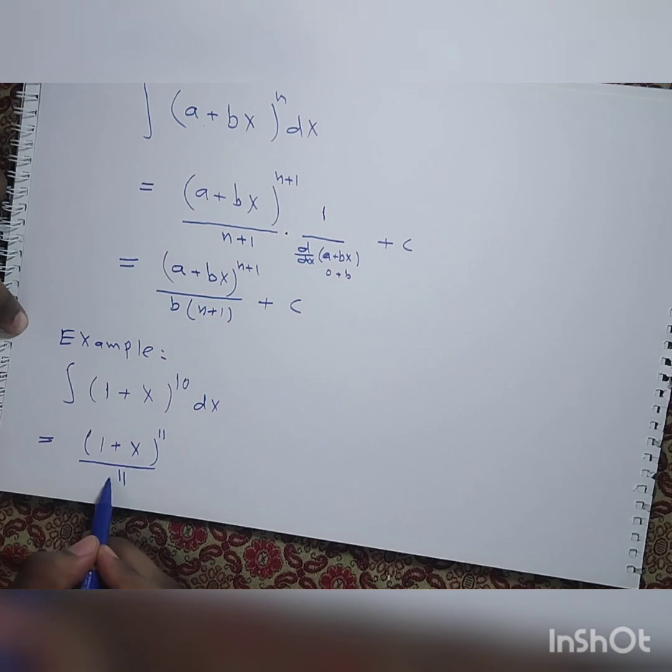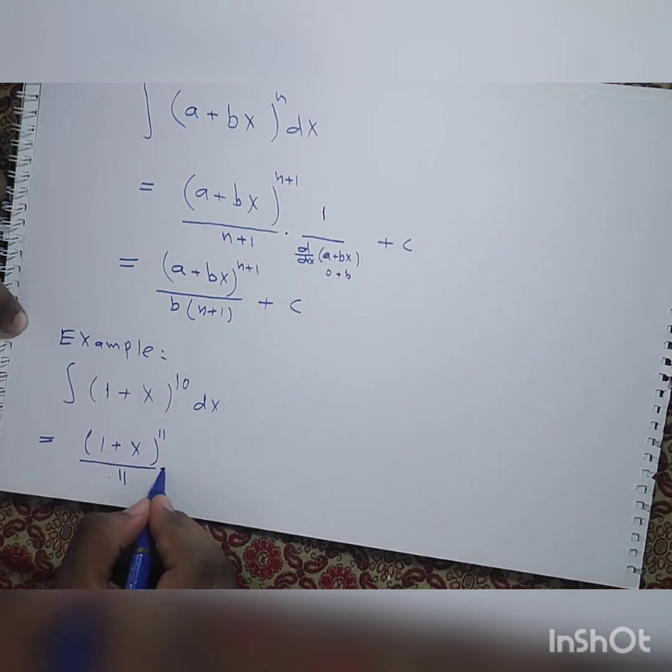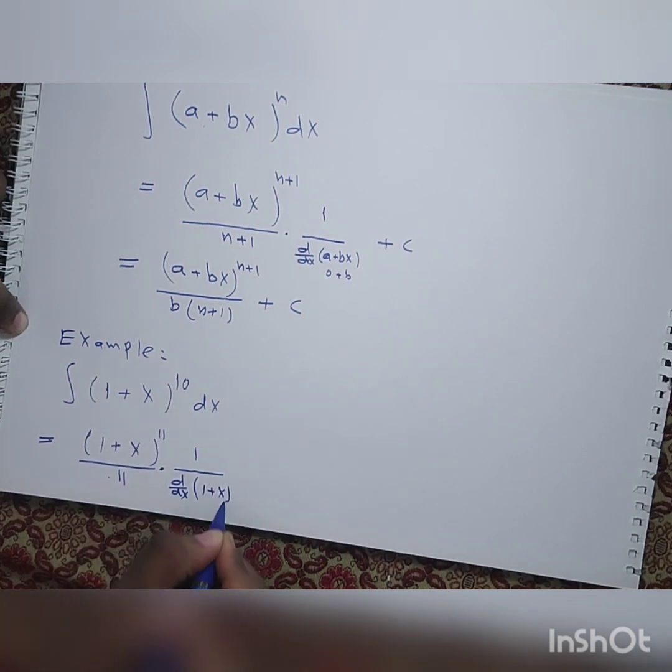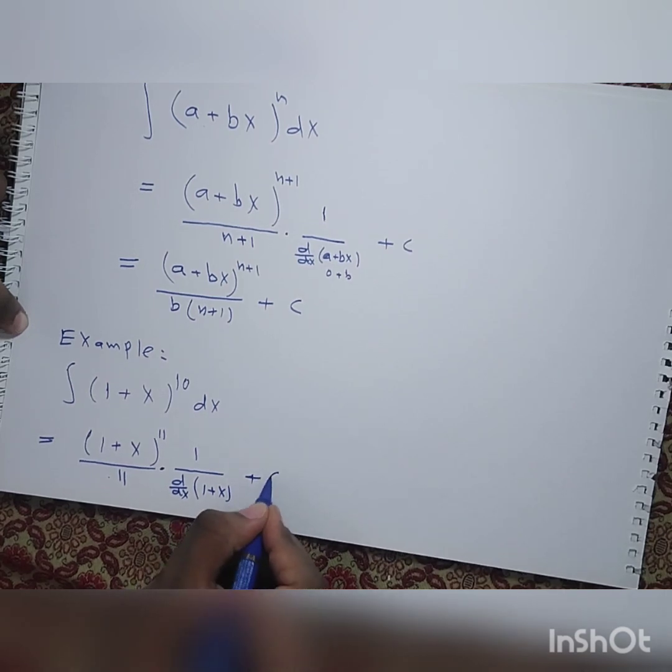And now here we also need to multiply by the derivative of what is inside here. So if we would like to do it step by step, then we need to say this is times 1 divided by the derivative, which is d by dx of (1 plus x), so plus a constant.